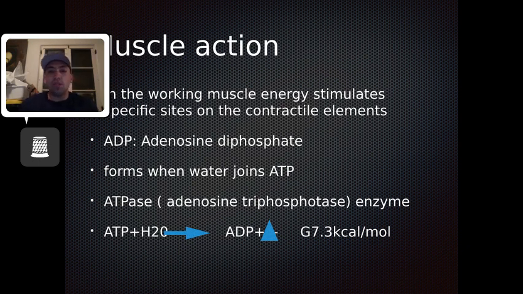In this reaction, we get 7.3 kcals of energy. So why is this important? Because that just goes to show how much energy is created from the reaction of ATP and water breaking it down. And according to McArdle, the energy from ATP hydrolysis powers all forms of biological work and basically constitutes the cell's energy currency.